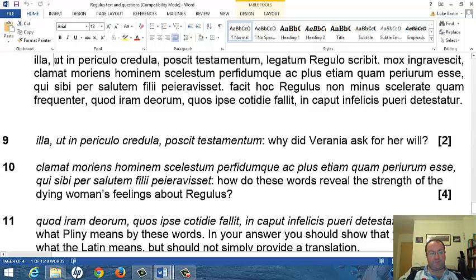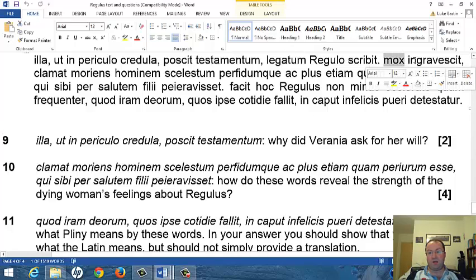So when credula est, she is believing in periculo, that she is in danger. So she, when believing she was in danger, she poscit testamentum, she demands her will, and she scribit, she writes a legacy for Regulus. She writes an amount of money into her will for Regulus. That's what it means.